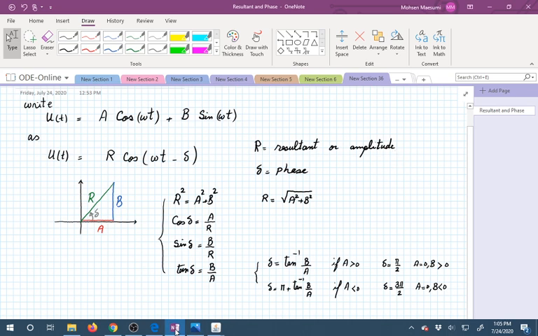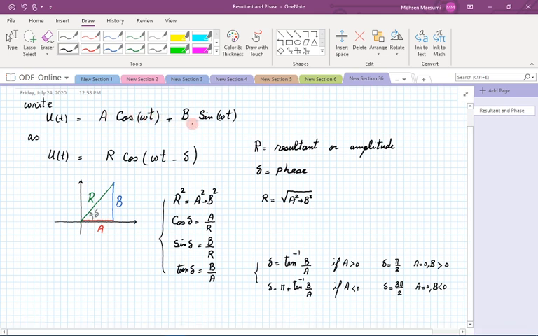In many of the problems you have solved so far, you have come across an expression which is a mix of sine and cosine of the same frequency. Now, in many engineering applications, it is preferred to have just one function, either everything in terms of cosine or everything in terms of sine.